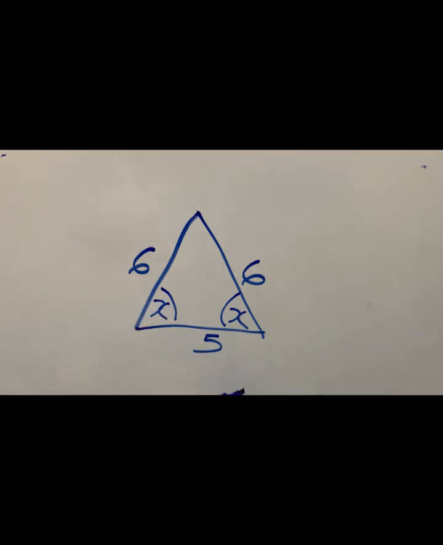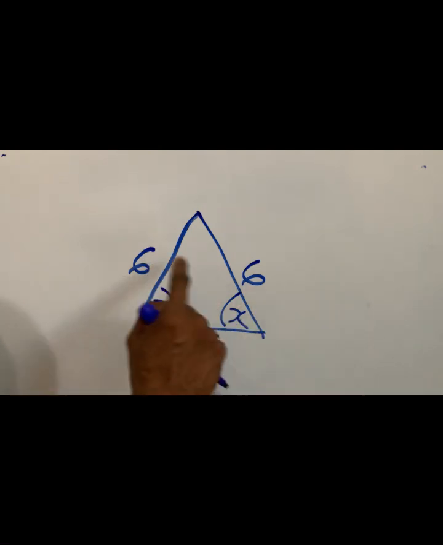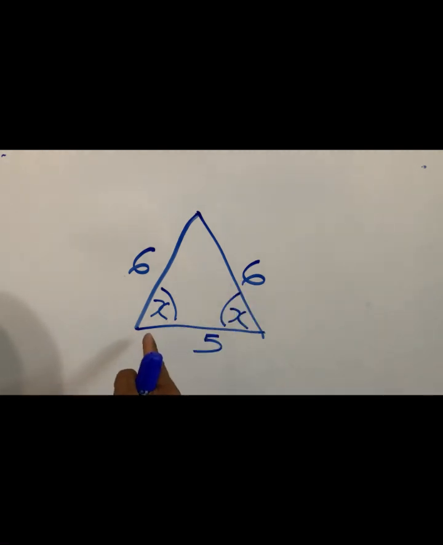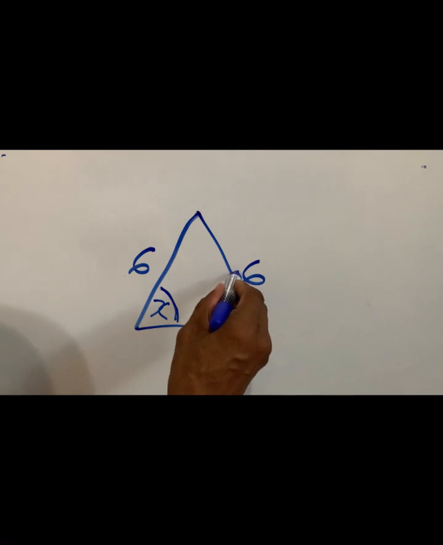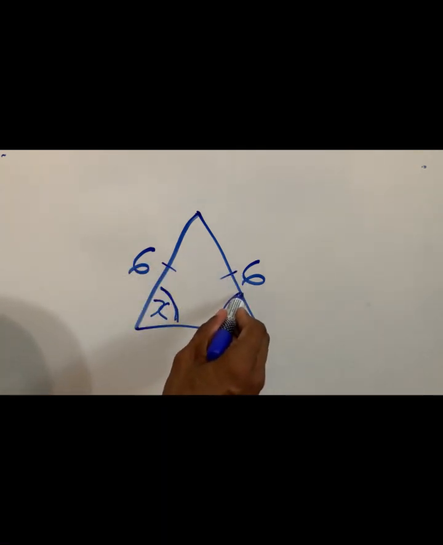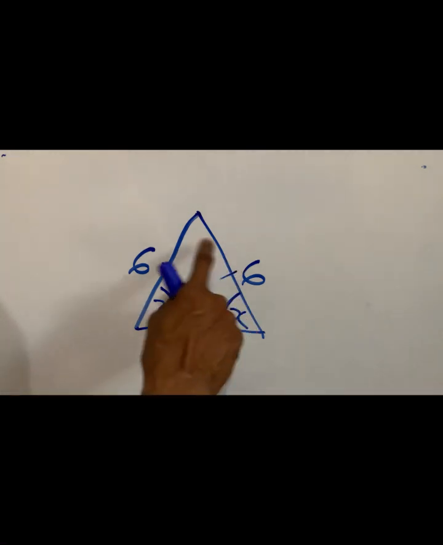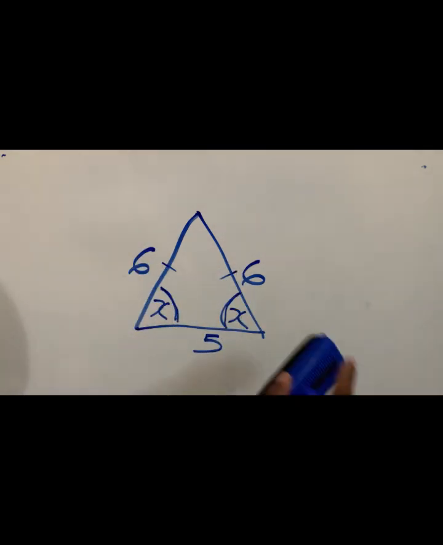So pretty much the equal sides, which are these 2 sides, lie opposite to the equal angles. So this is your angle x. This side is the same as this side, which lies across from this angle x as well. So just remember an isosceles triangle has two sides and two angles that are equal.